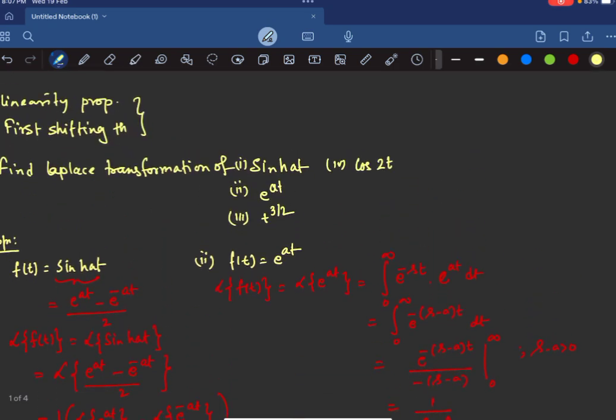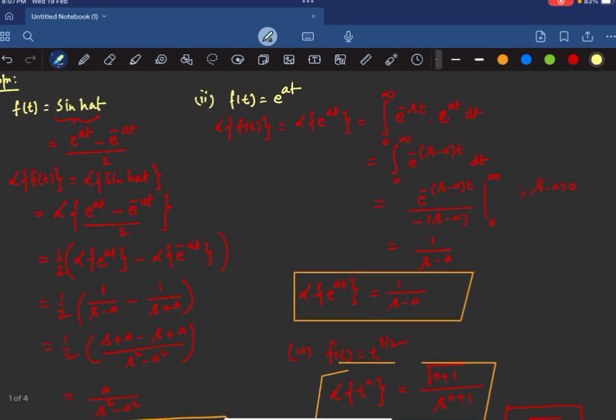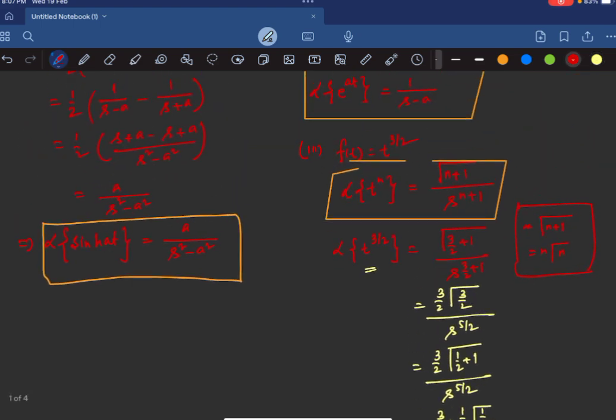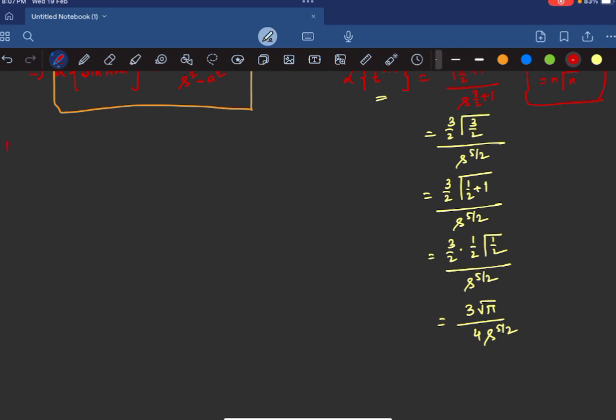Now the next question: the Laplace transform of cos 2t. For that, I would like to give one understanding; I think this is question number 4. We'll try to find the Laplace transform of cos at and the Laplace transform of sin at.